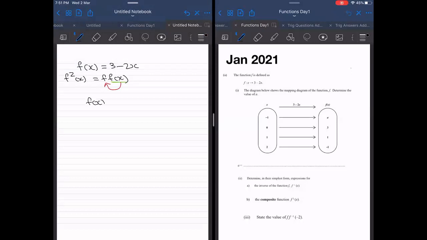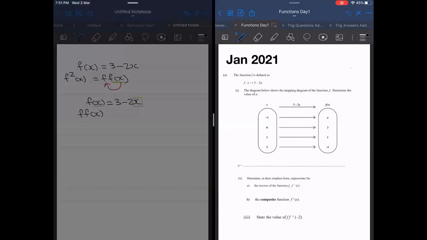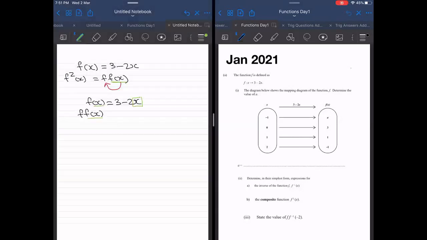So when we were doing the questions before, right, when I said it was f of 0, wherever we see x, we put 0. So if it is f of f of x, it means that wherever I see x, I am going to put f of x.